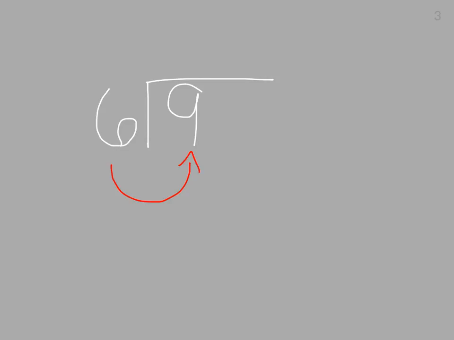Much easier. Before I would have had to ask, how many times does 6 go into 90? But I don't have to do that with this way. Smaller numbers. I like smaller numbers. Doesn't make my brain hurt as much. So, 6 goes into 9 one time. 6 times 1 is 6. 9 minus 6 is 3.